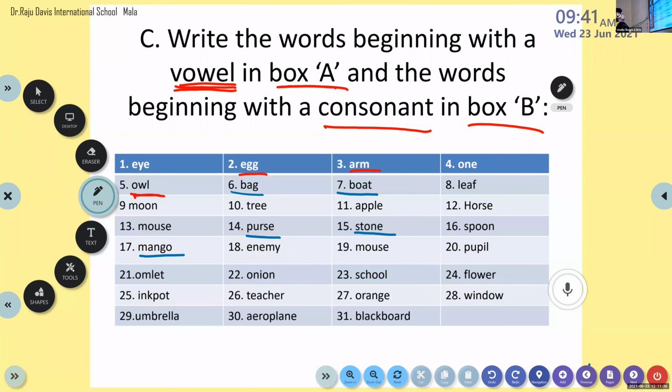Sahasra, am I audible to you? Can you unmute it? Yes. Now read the 18th word, Sahasra.